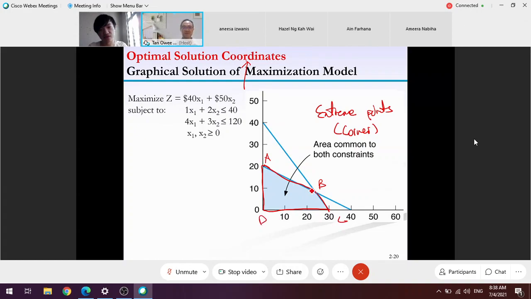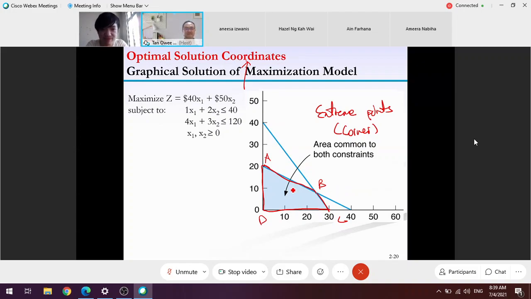But do you think there is any point that we can ignore? Theory says that the optimum solution is at the extreme point or corner point of the commonly shared feasible area.